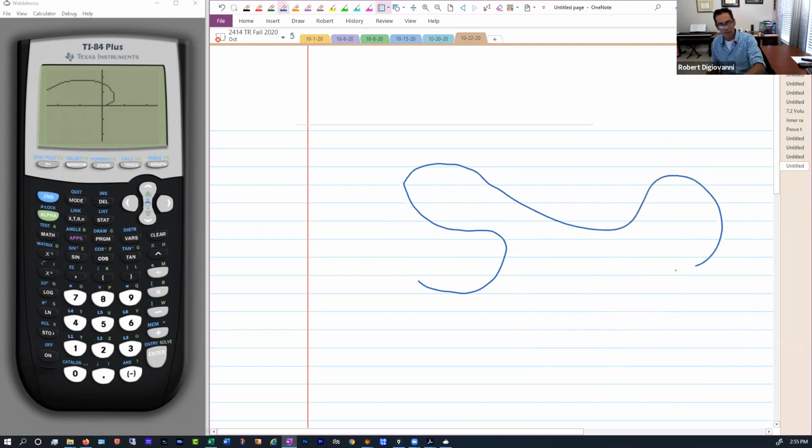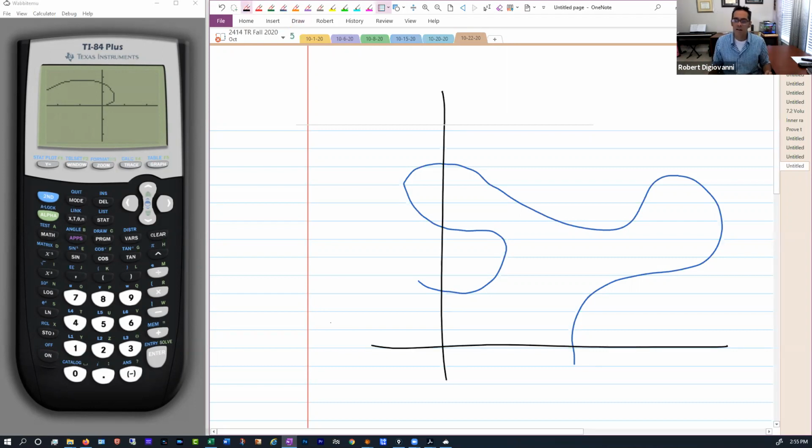I can't do any calculus to this because I can't look at that as a function. It fails the vertical line test and the horizontal line test also. So there's no way to really do any calculus with that path.